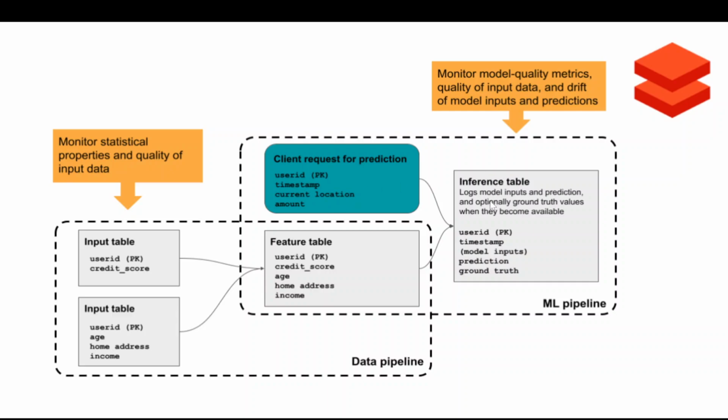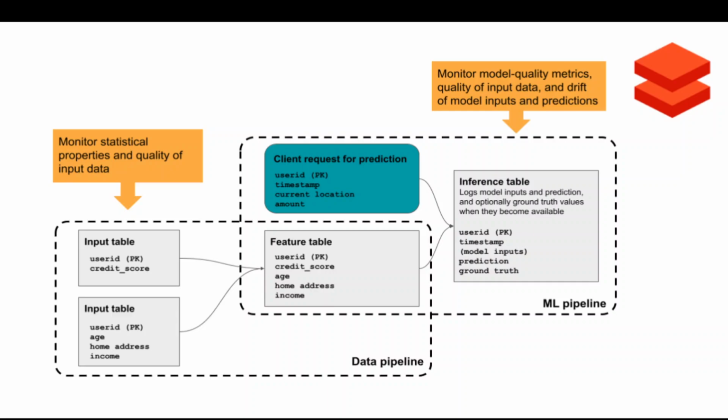Now, in the same table, you can also store ground truth. For example, let's say you have made a prediction on how likely a customer is to purchase a particular product. You have the details of the customer, you have given them to the model, and the model predicts that there is a 70% likelihood that this person is going to purchase the product.